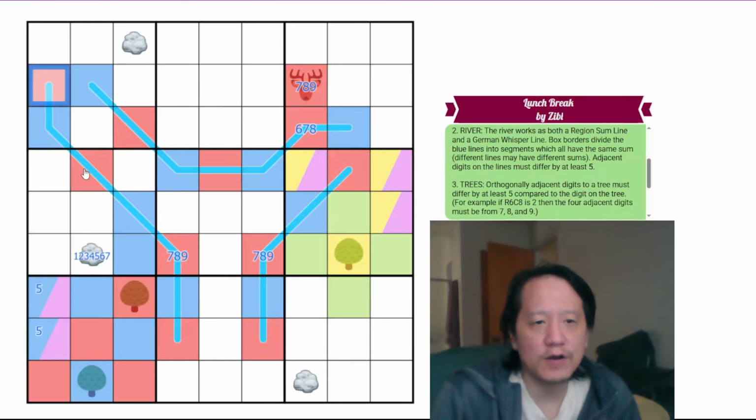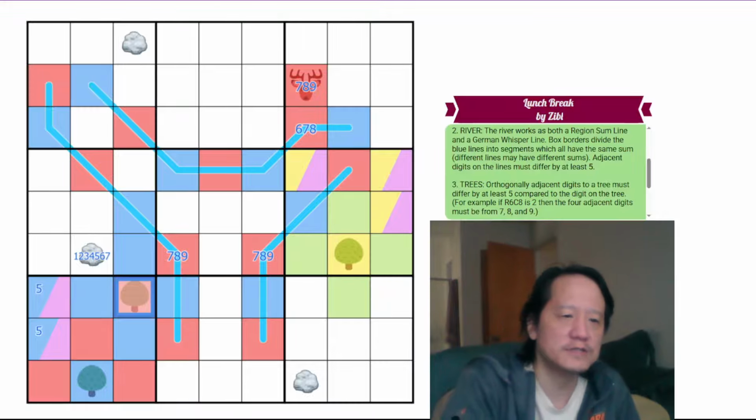That means these highs can never be 9 in these cells. Oh, this digit is next to 2 unique digits here. So it has to be 7, 8, or 9.